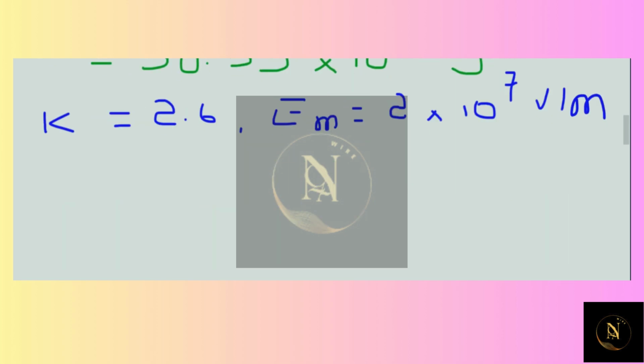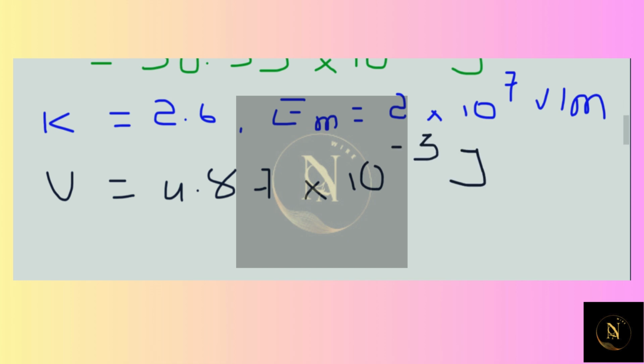Again with the same method, by using the second formula, U is equal to 1/2 K C0 (0.5 EM D) whole square, so we can write U is equal to 4.87 into 10 to power minus 3 joule.